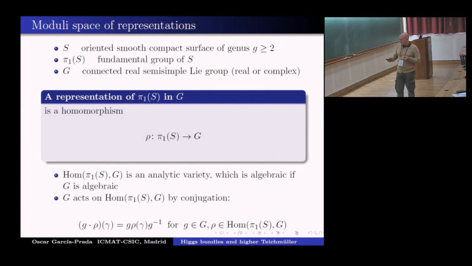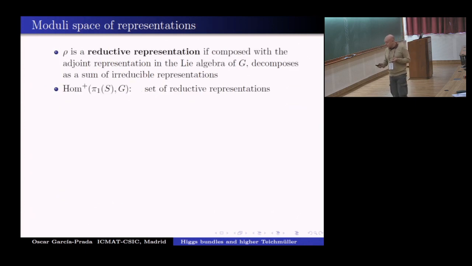And of course, we're interested in the set of equivalence classes, but that is typically, when G is compact, the set of equivalence classes is a nice manifold. It's a nice variety. It may have singularities, but it's a nice variety.